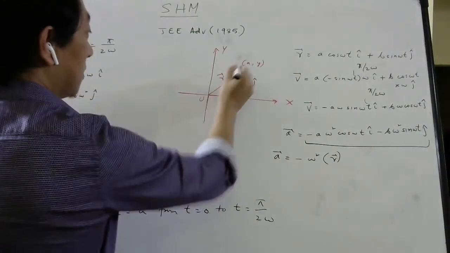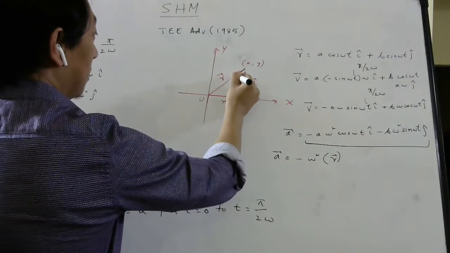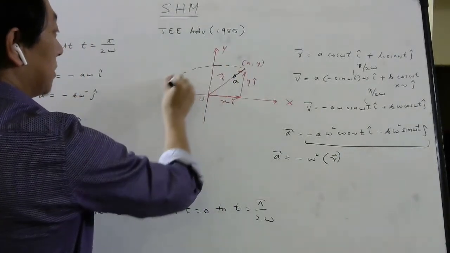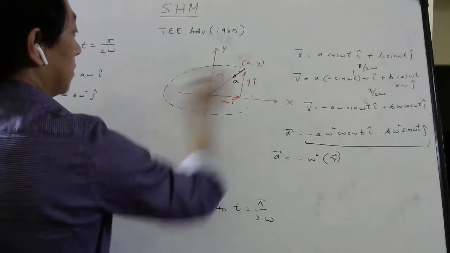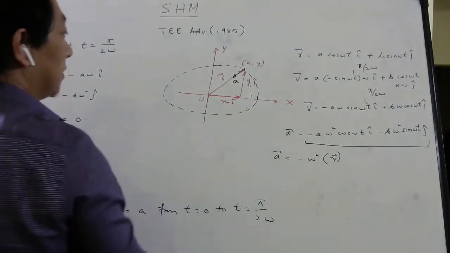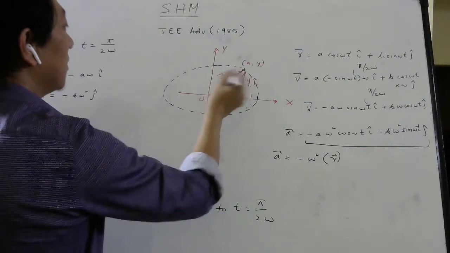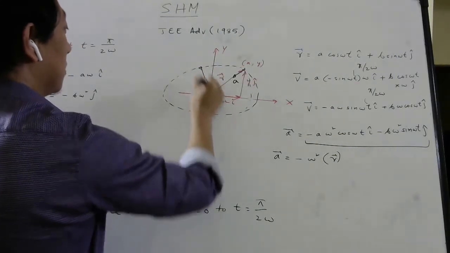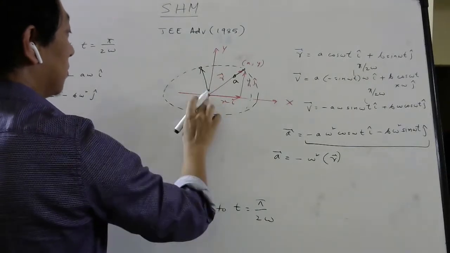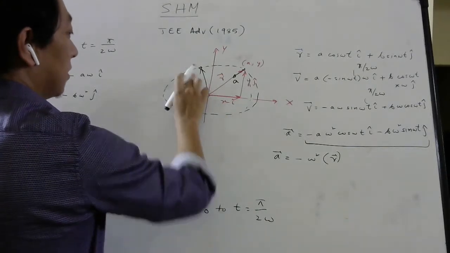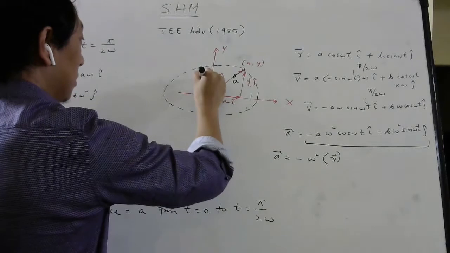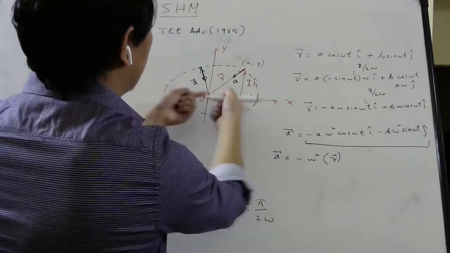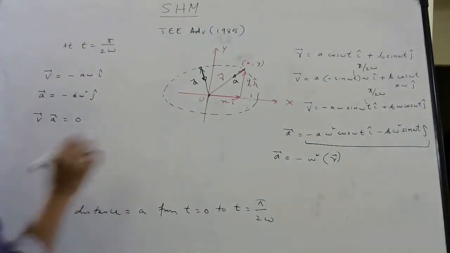When the particle is moving in an ellipse, whatever may be the path, it's not a very nice ellipse I have drawn, anyways, when it is here, this will be your r bar, from the origin to the particle. So acceleration will be opposite to r bar. So acceleration is always towards the origin. So option C is also correct.